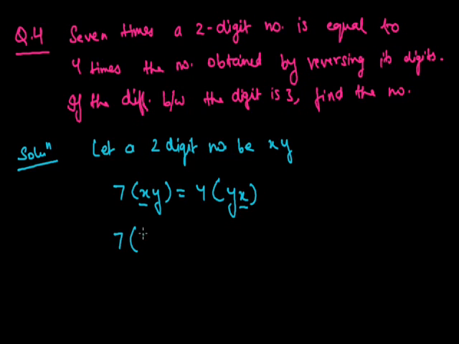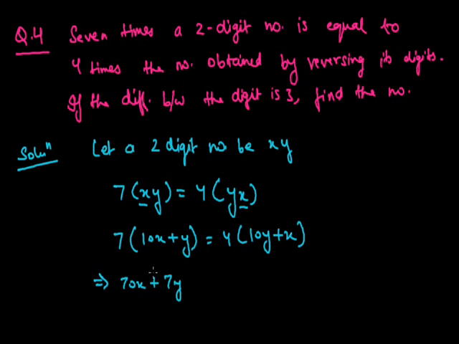So accordingly I will get 7 times of (10x plus y) is equal to 4 times of (10y plus x). So now this 70x plus 7y, it means I have multiplied the 7 with these two terms, is equal to 40y plus 4x.